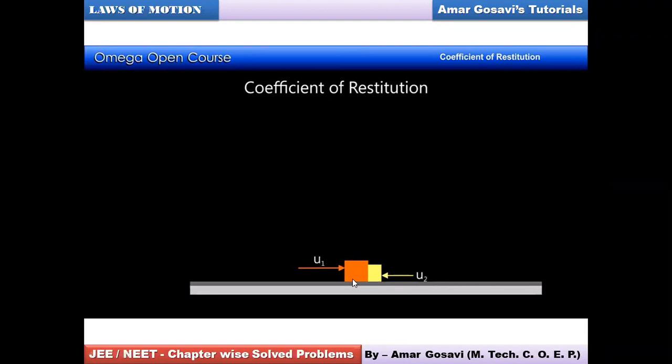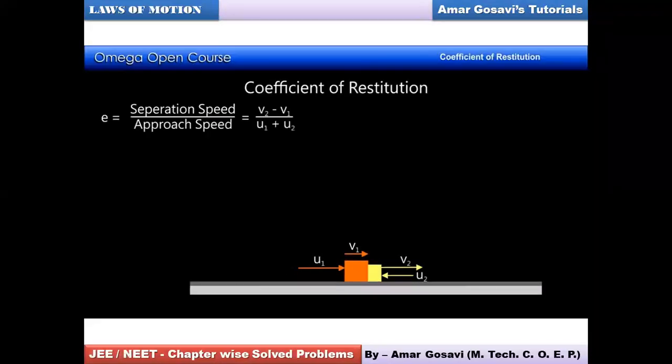Obviously, they're moving on a horizontal floor, and it's like a collision. Then after collision, because u1 was greater, the entire system started moving in this direction with final velocity v1 for this orange block, and for the yellow block it is v2.